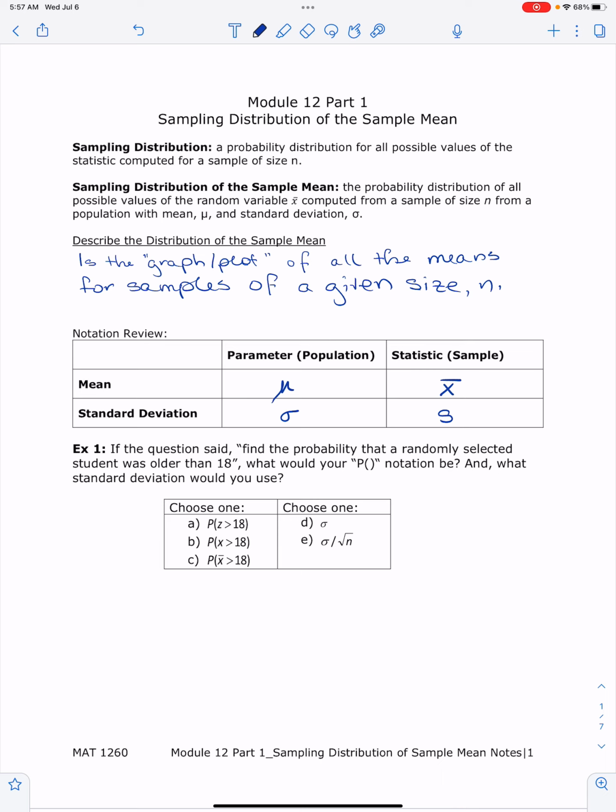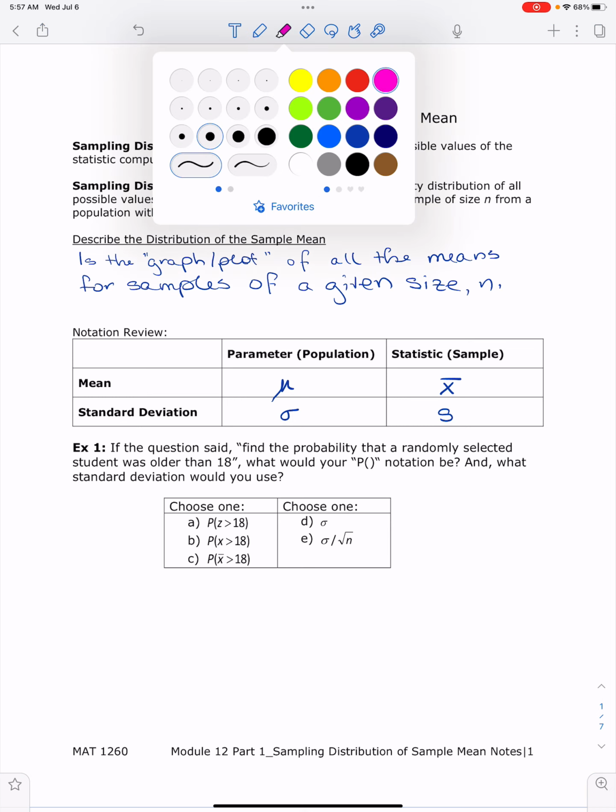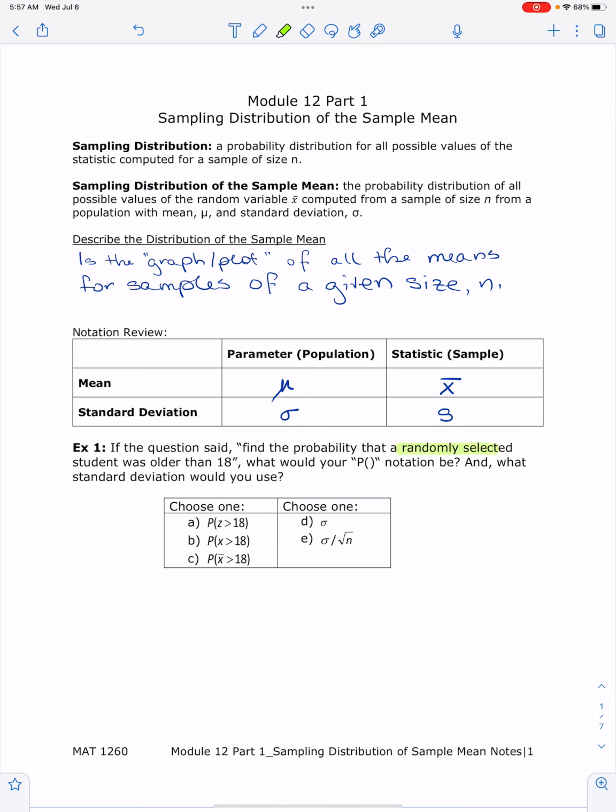So if we want a randomly selected student, just one individual student, it's not going to be A because Z is the Z-score.